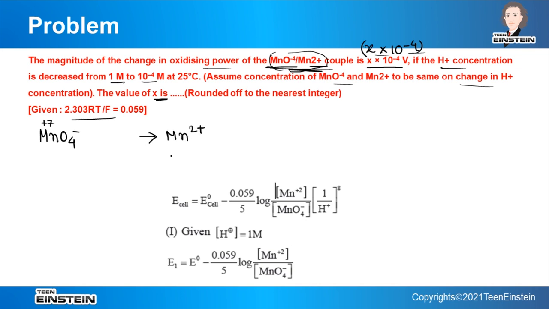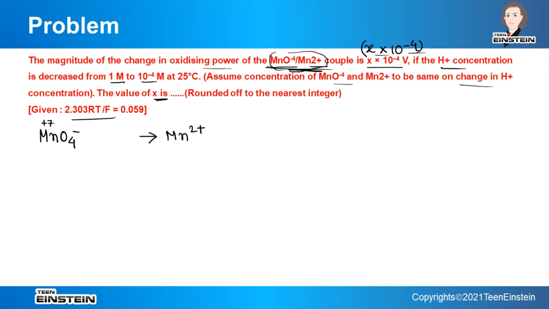Now when it is reduced to Mn2 plus, then we will balance the oxygen number, because left hand side we have 4 oxygen atoms. So we will write here 4H2O. Now when we are writing 4H2O, basically you are adding 8 hydrogen atoms. So to balance it, we will write here 8H plus, and you can do it in terms of H plus because it is in acidic medium.